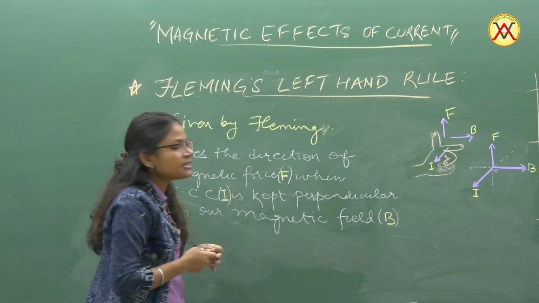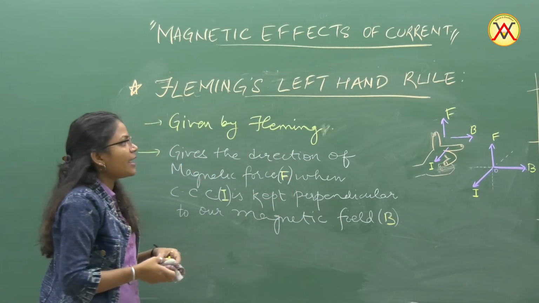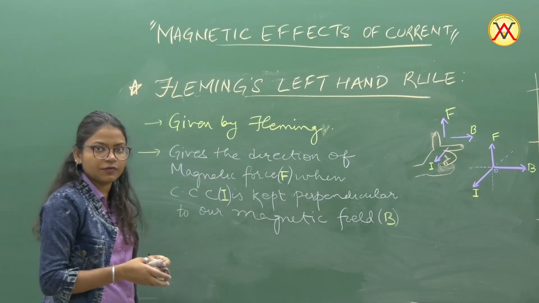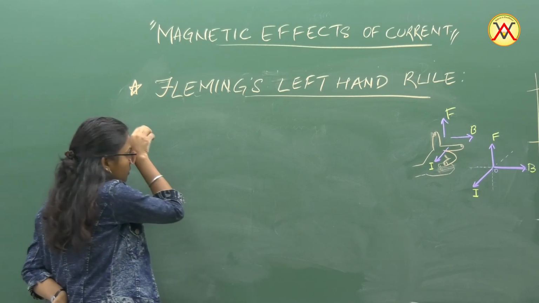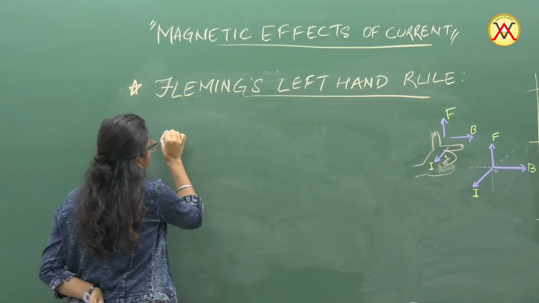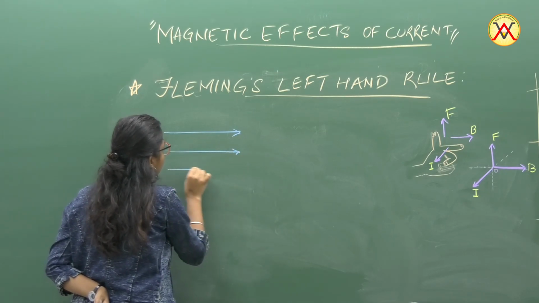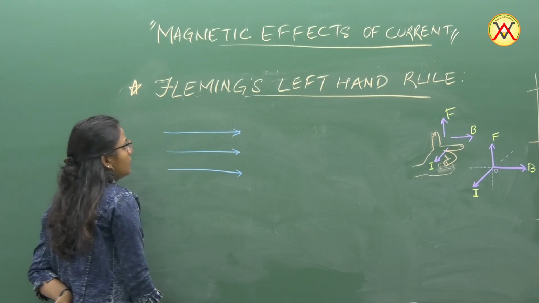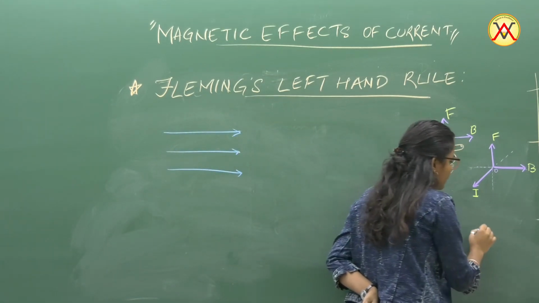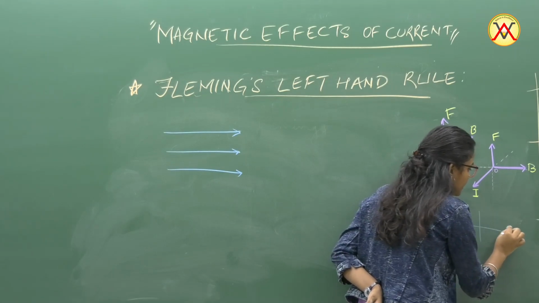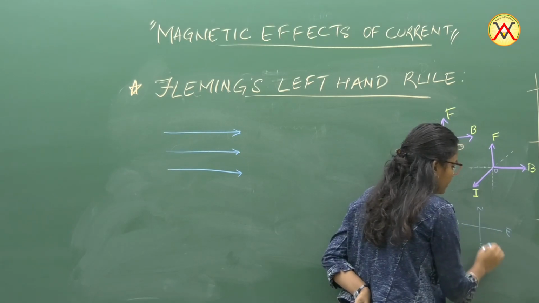Alright, let us see a few questions which focus on finding the direction of magnetic force. Let me show the direction of magnetic field by this blue colored chalk. According to this three coordinate system, let us decide our directions: east, west, south, north.